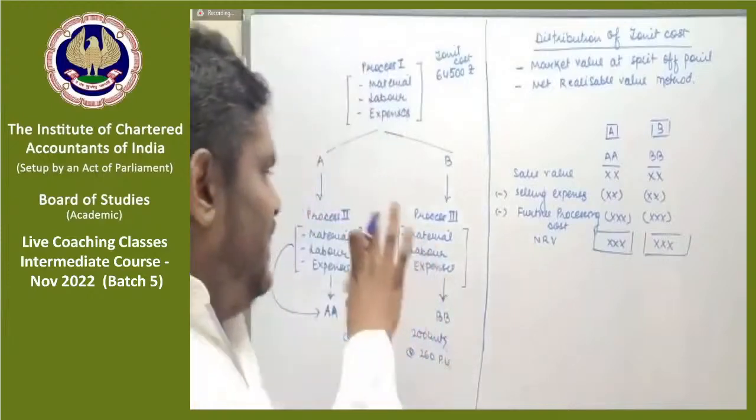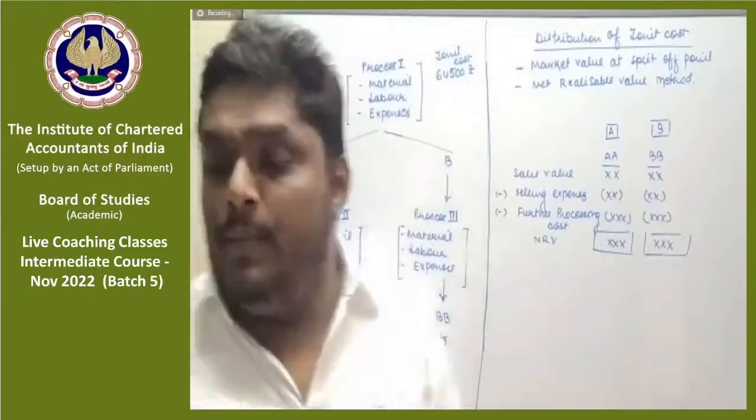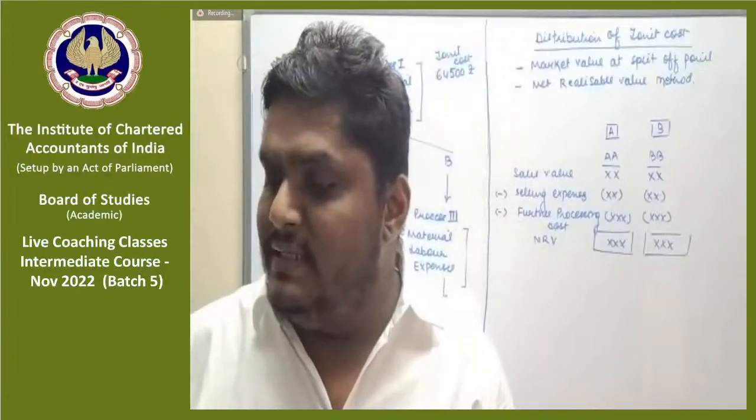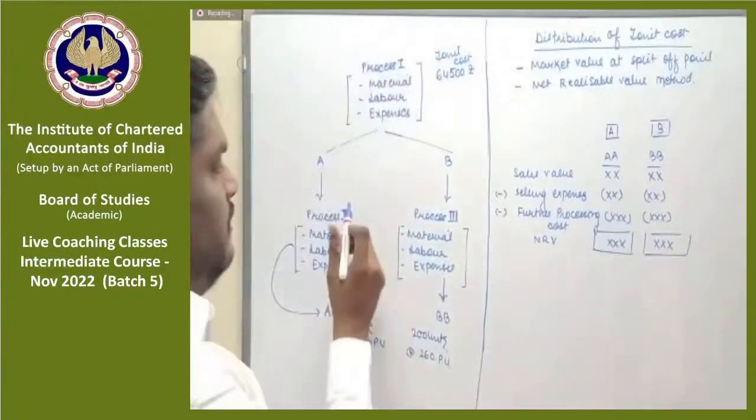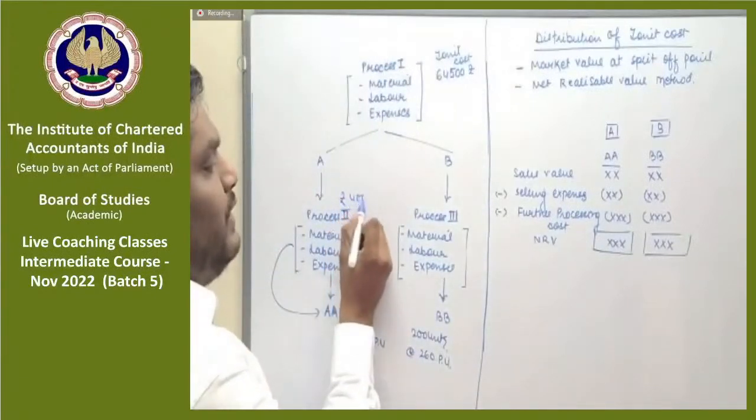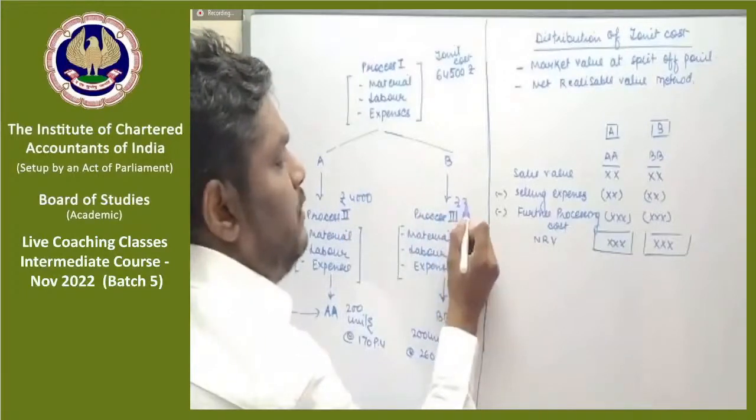The further processing cost of process second and process third is given, that is rupees 4,000 and rupees 32,000.